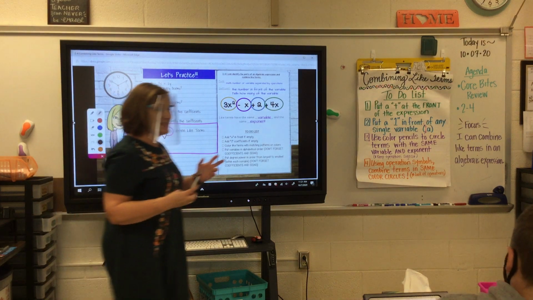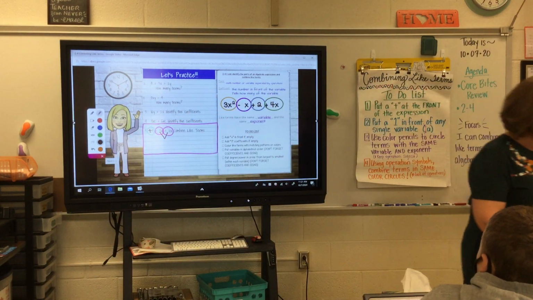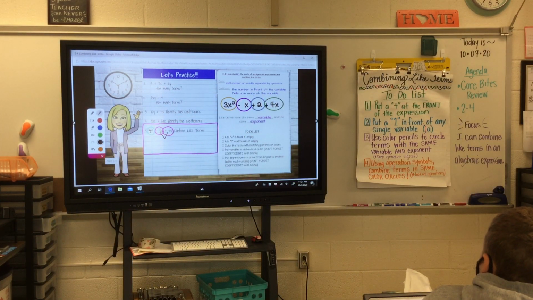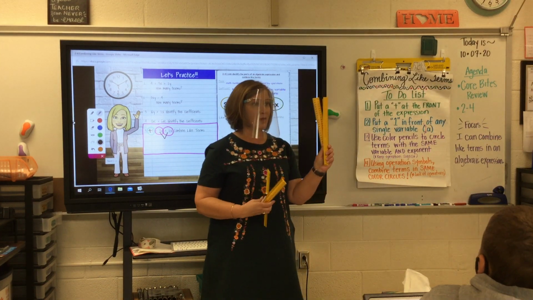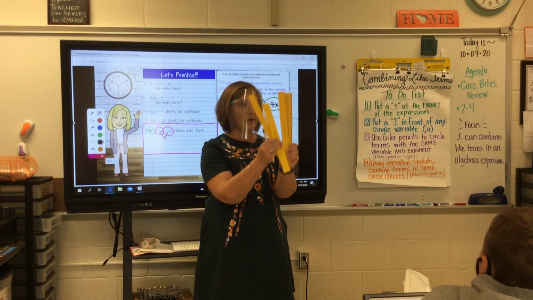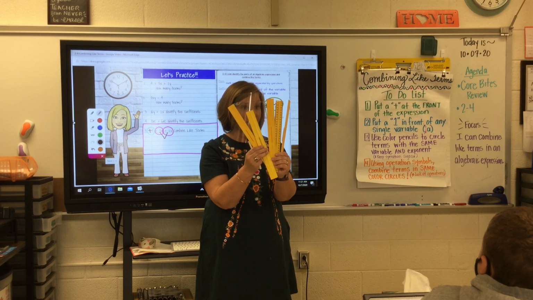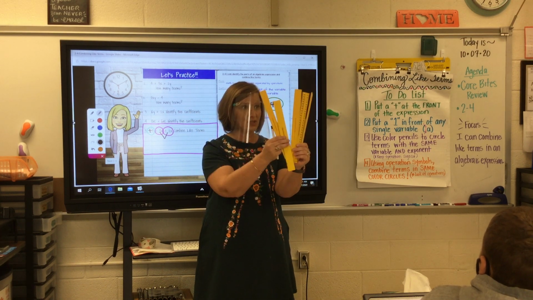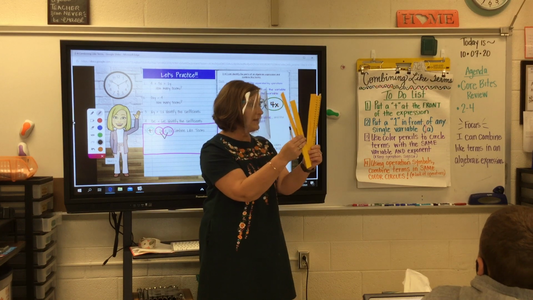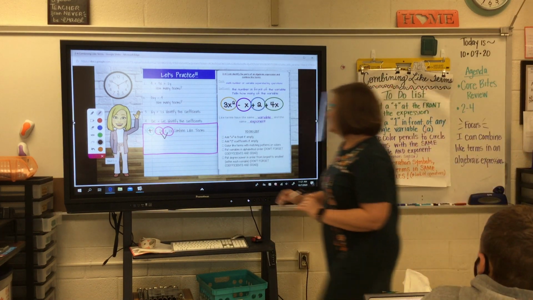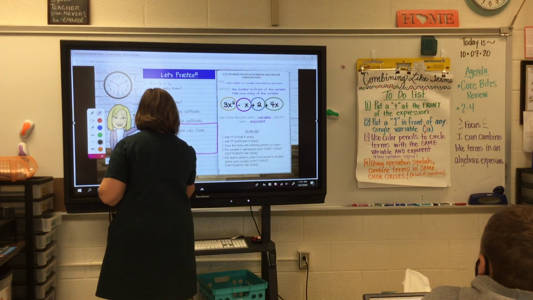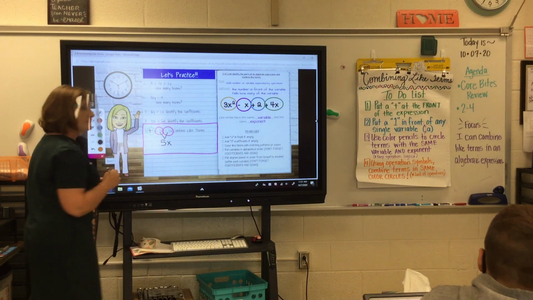So how many x's do I have? If I have plus 3 plus 2, how many do I have? 5. Plus 3 plus 2, I'm putting those together, and I have how many? 5. So I have 5 x's, okay?